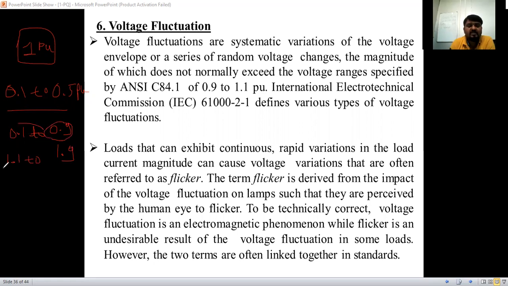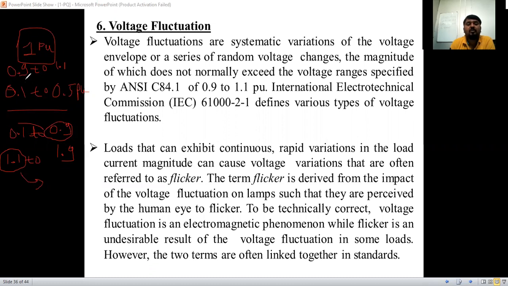If the voltage is more than 1.1, then that is considered voltage swell here. So the acceptable range of voltage is 0.9 to 1.1. That is no problem at all. There is no fluctuation at all here.